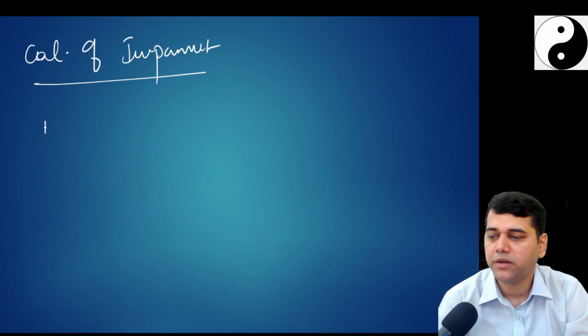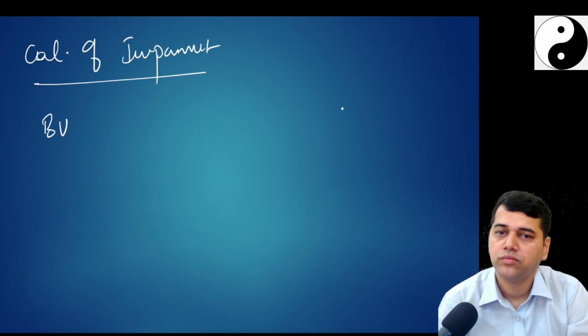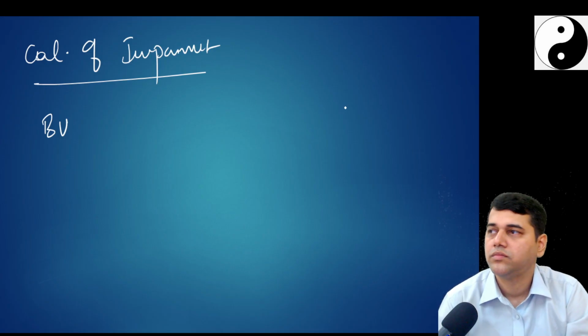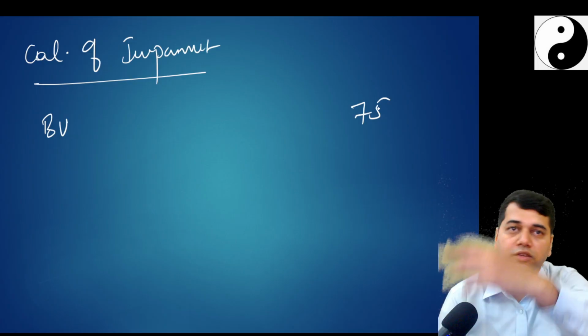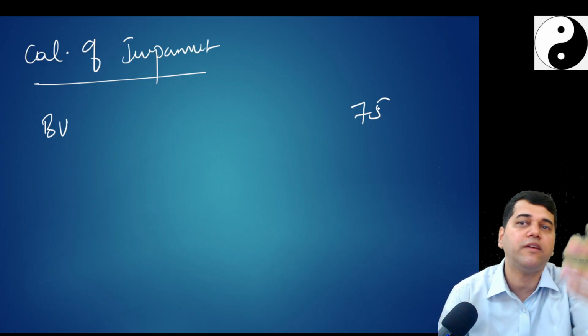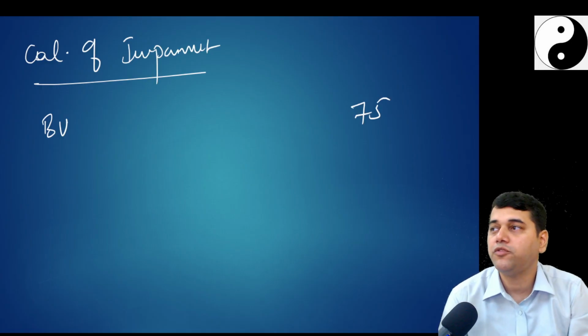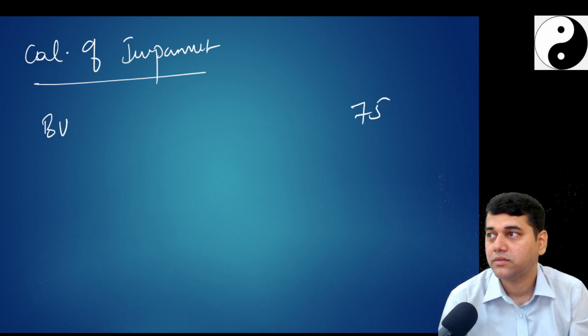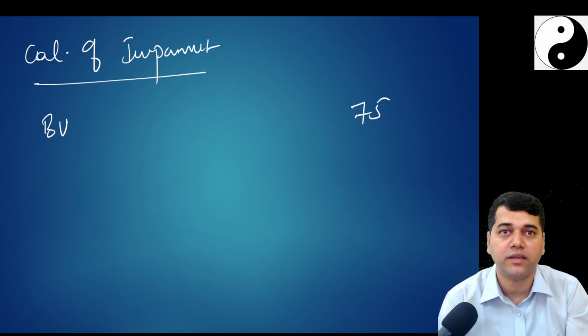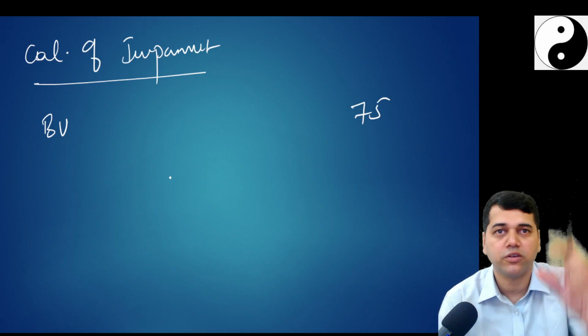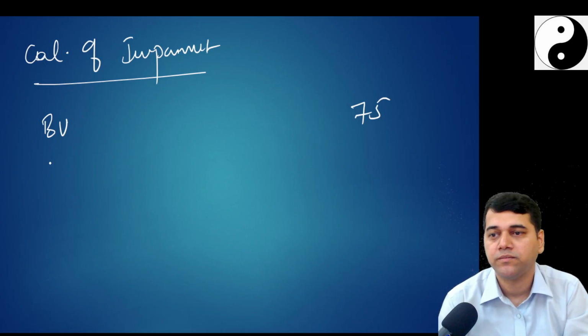See, what is your book value? 75. Once you do the revaluation, your book value is the revalued amount, no? Which method you follow? Depreciation elimination method. Assume. Otherwise, book value would have been very high, meaning gross block would have got restated.